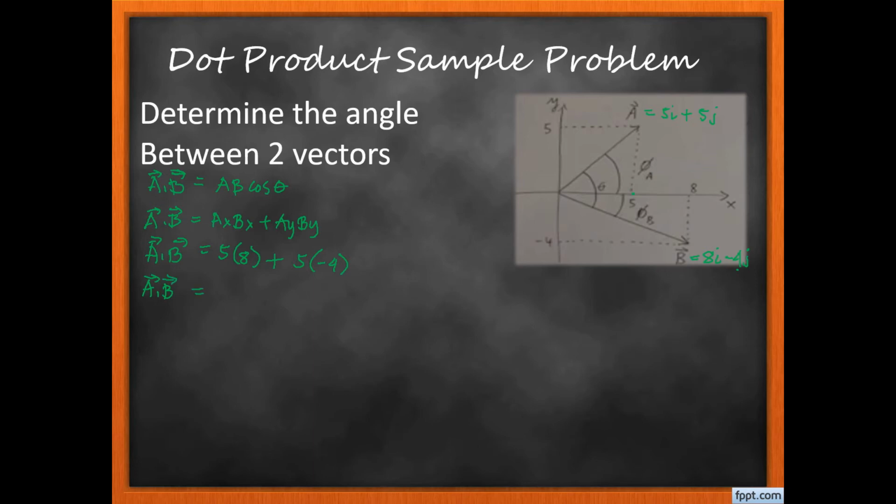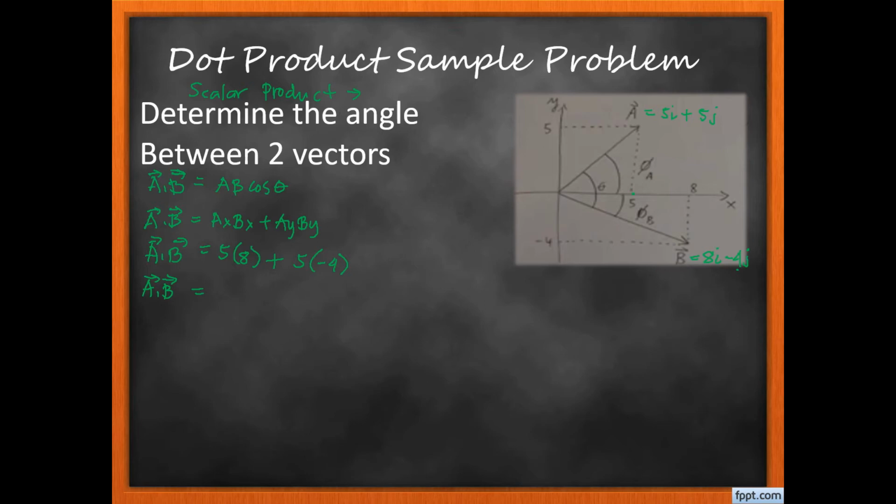Yung A dot B natin in Cartesian vector form, pero yung makukuha nating value rito is scalar. Kaya itong dot product pala is tinawag din itong scalar product. Kasi yung nakukuha natin sa operation na to is always scalar. Okay, so kung i-compute natin ito, meron tayo 5 times 8 plus 5 times negative 4.